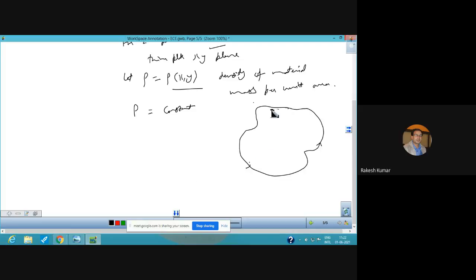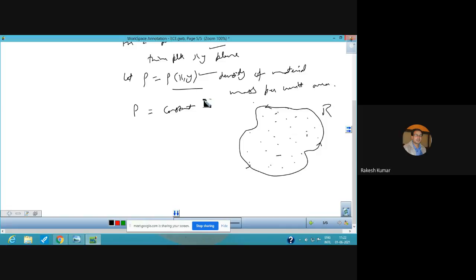So this is the plane lamina surface, and this is the region. We have different points of the region. If rho is constant, it means the density at every one of these points is the same. But if the density at these points is not the same, then rho is a function of two variables x and y.